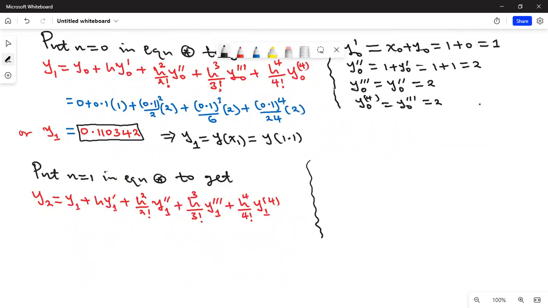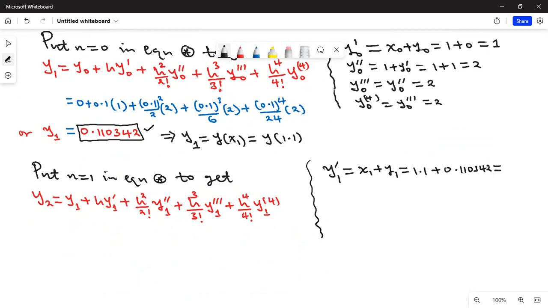So right here, y1 prime is the same as x1 plus y1. Our x1, what was it? It was 1.1 plus our y1, we have found it here, this one. That was 0.110342.